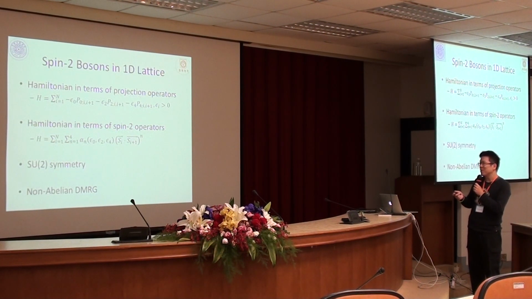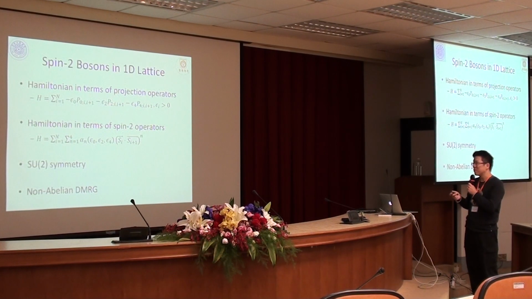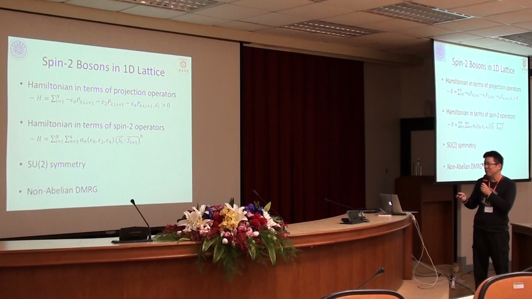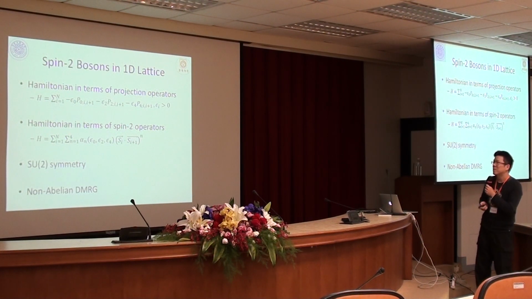But computationally, this is not the most straightforward basis to work on. But you can show that you can convert this projection operator into a spin 2 operator. Okay, so these coefficients will depend on your epsilon, and then your coupling, because we have spin 2, so you can have this S_i dot S_i+1 to powers from 1 to 4.